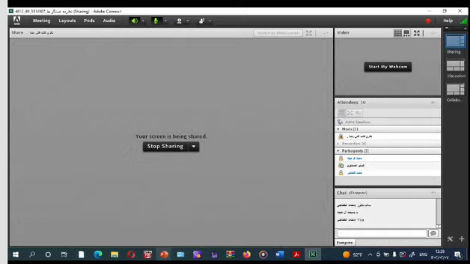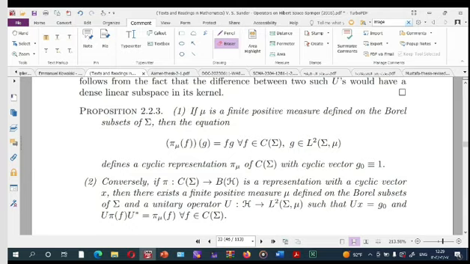The proof was very easy and simple, but we have this proposition: if mu is a finite positive measure defined on the Borel subsets of sigma, then the equation P mu of f of g equals fg for any f in C of sigma and g in L2 defines a cyclic representation P mu of C star with cyclic vector g0 equal to 1.